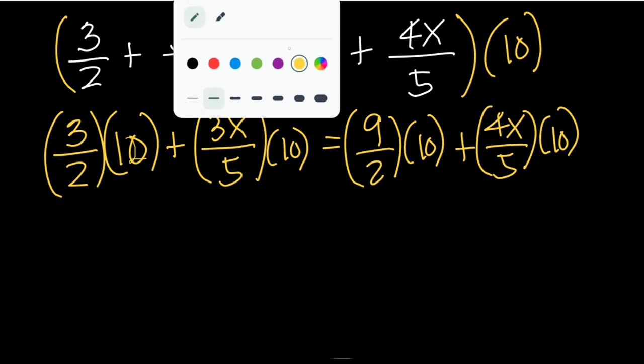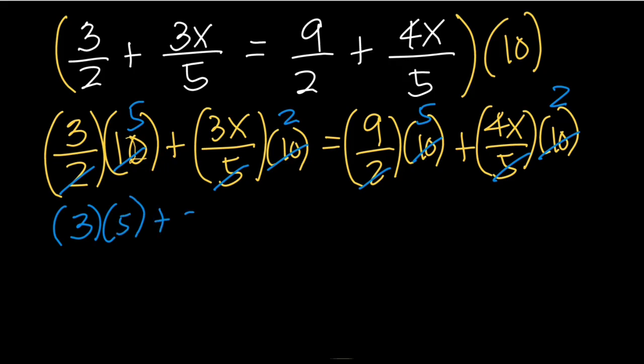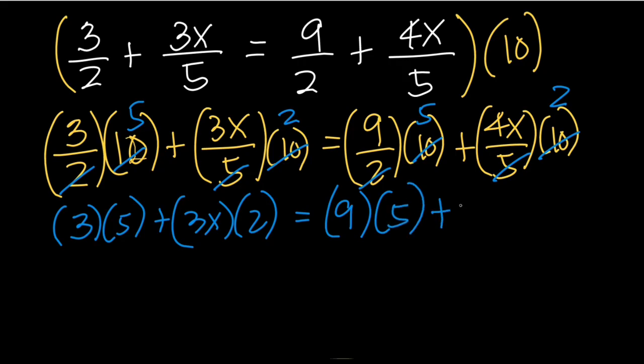Okay, then 10 divided by 2 is 5. Then 10 divided by 5 is 2. 10 divided by 2 is 5. 10 divided by 5 is 2. And then we can simplify. 3 times 5 plus 3x times 2 equals 9 times 5 plus 4x times 2.